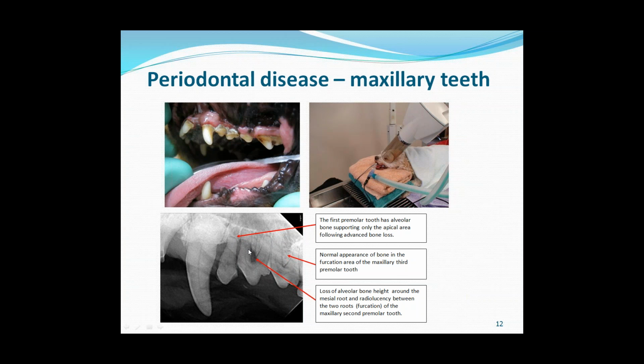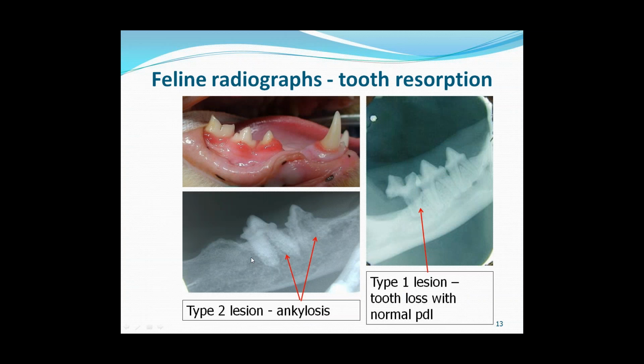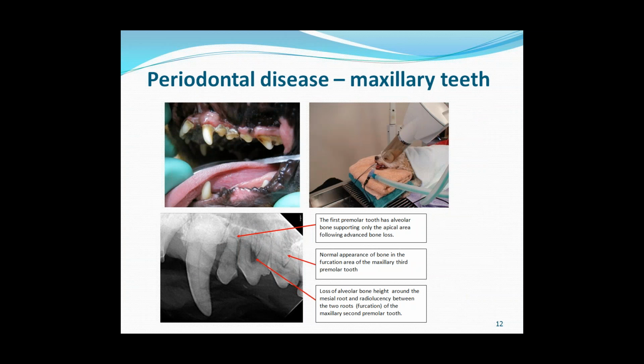The second premolar, being a multiple rooted tooth, also has lost alveolar bone around the mesial root, but because of being a multi-rooted tooth and has a furcation, also has lost a large amount of the alveolar bone within the furcation as well, which is seen as a radiolucency between the roots. And then the third premolar in this radiograph is showing us what a normal and healthy tooth should appear like.